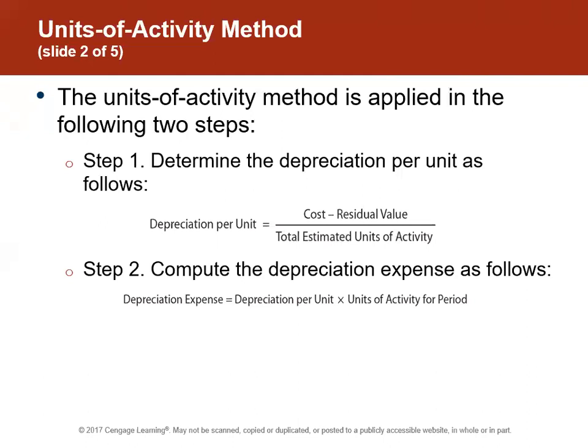With machinery, the first year I may use it really heavily, maybe the second year too. Maybe year 3 I get a second machine, so I'm not producing as much. Or maybe sometime in year 3 it breaks down and it's out of commission for 2 months. So units of activity is good for machinery, and it more accurately lines up the cost with the revenues that machinery is helping earn.